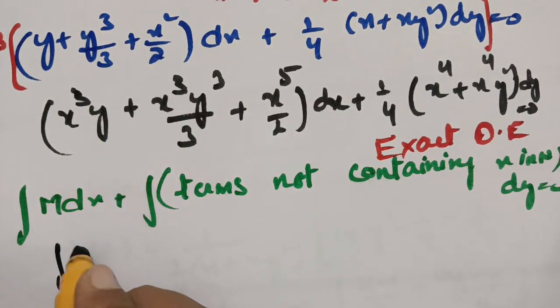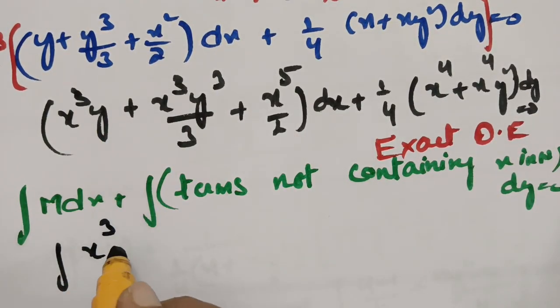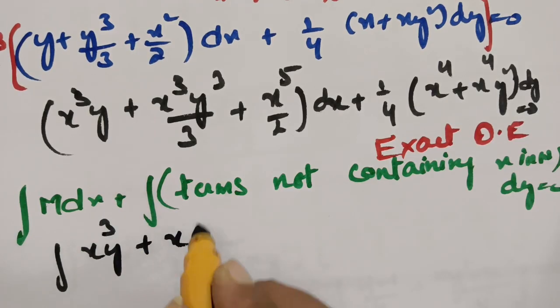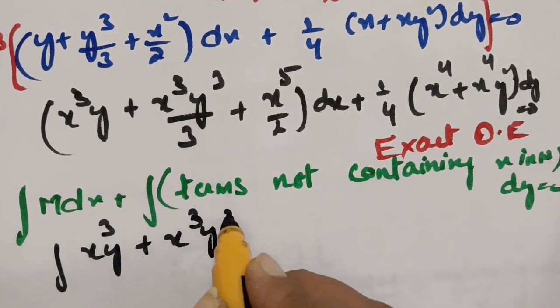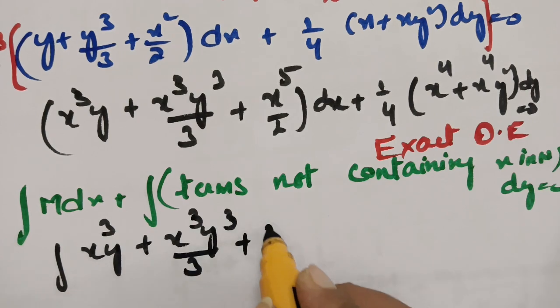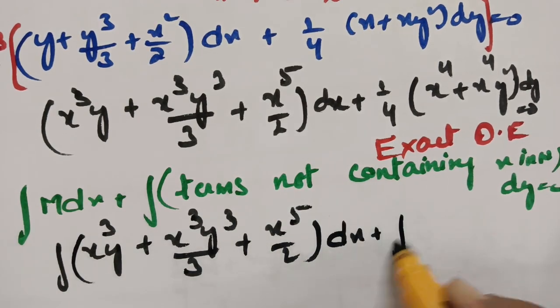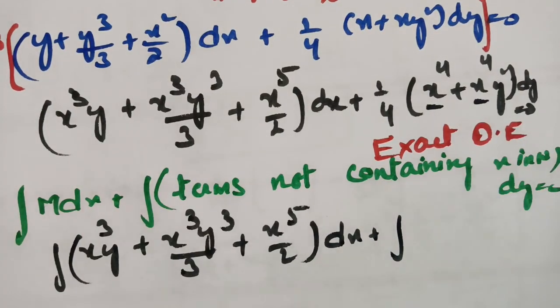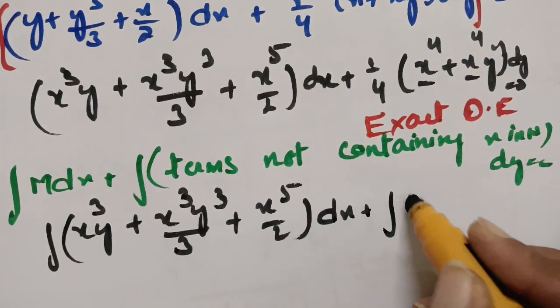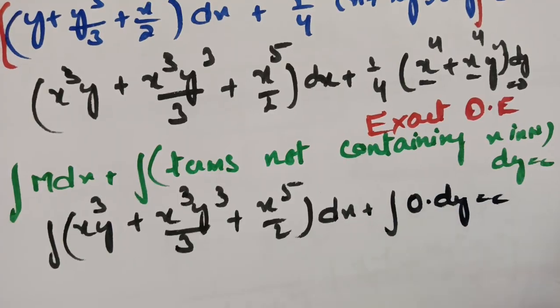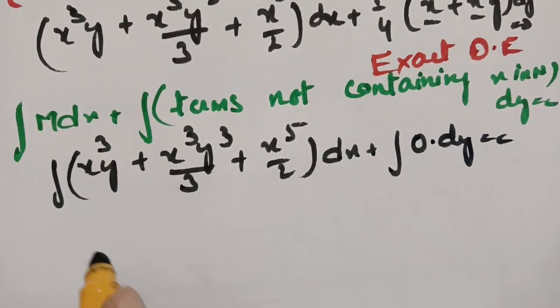So this is whole M here. This value is x cube y plus x cube y cube by 3, and this is x power 5 by 2 into dx plus the terms not containing x. There are two terms which are containing x. So there are no terms which are not containing x. So now I have to integrate with respect to x.